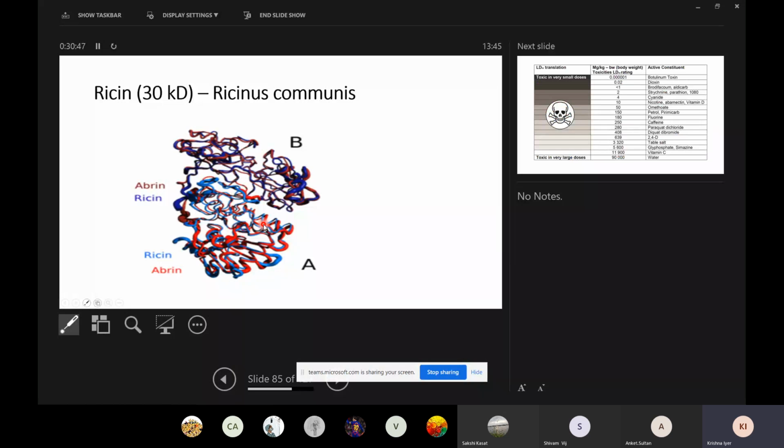Another very interesting toxin is ricin, and ricin is present in Ricinus communis. If you are familiar with ricin, anyone know what castor oil? Castor, yeah. And castor oil, if it is not treated correctly, if you consume castor beans raw or castor oil without treating, then it can actually kill you.